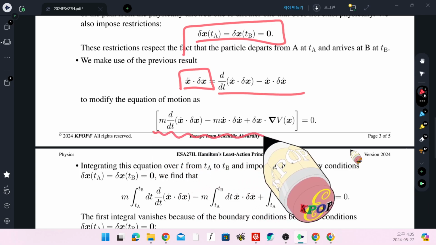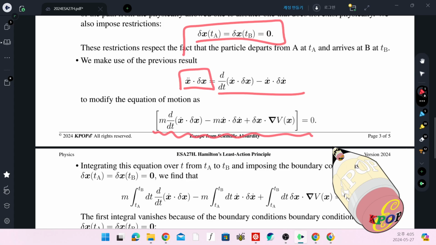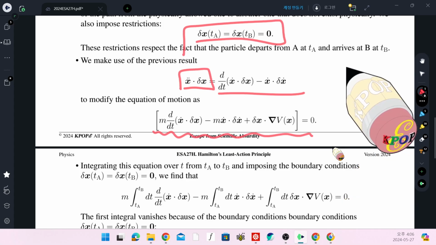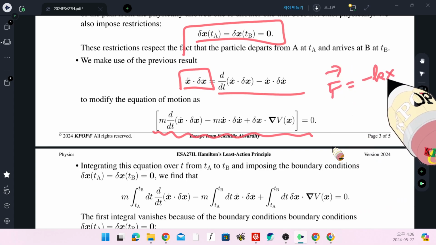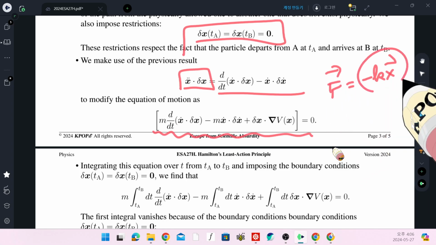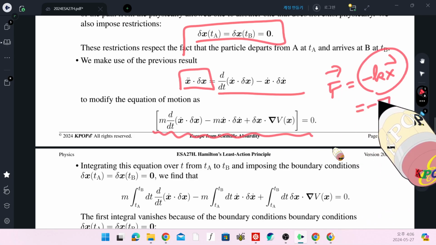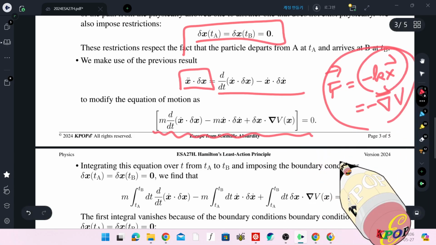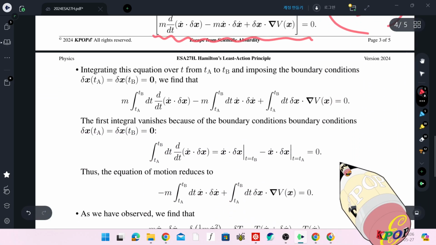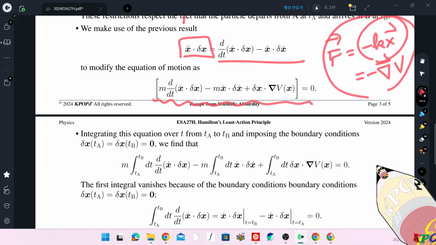This is just a repetition of what was carried out in the previous class. Previously, we replaced the force by minus kx. Now we are replacing this force by minus gradient of potential. That's the difference, and you can simply follow the rule without any difficulty.